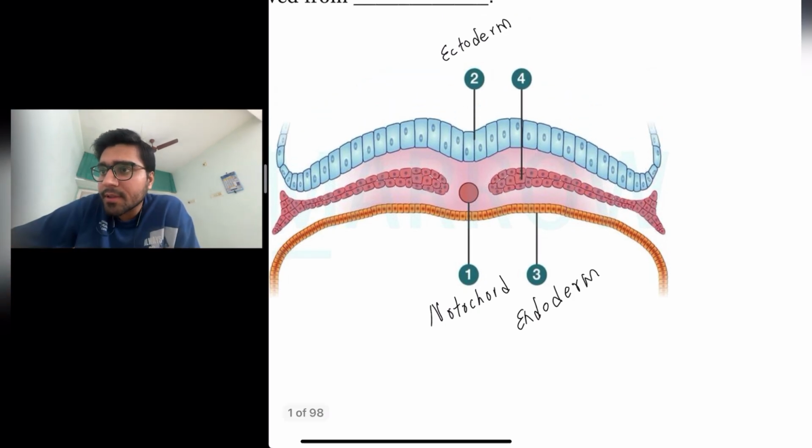And the fourth structure is intraembryonic mesoderm.